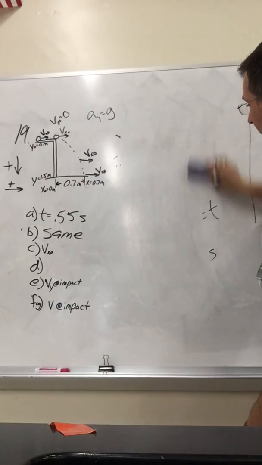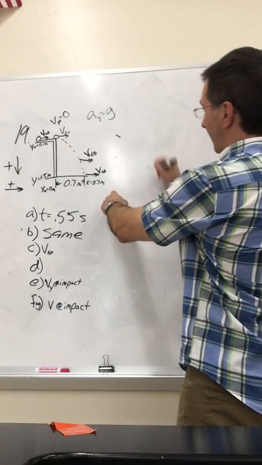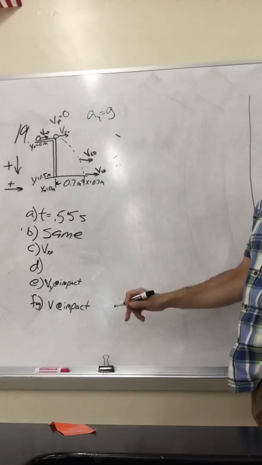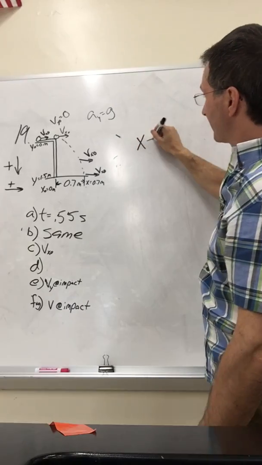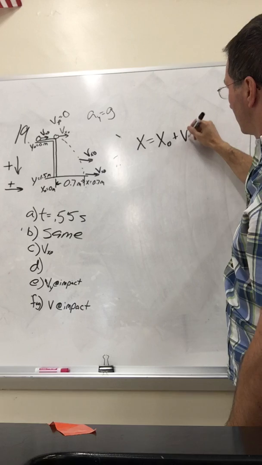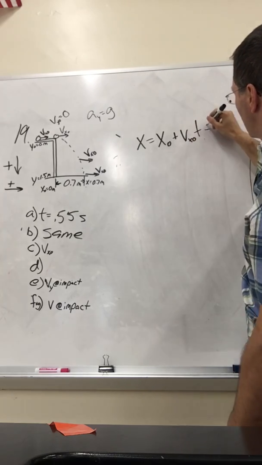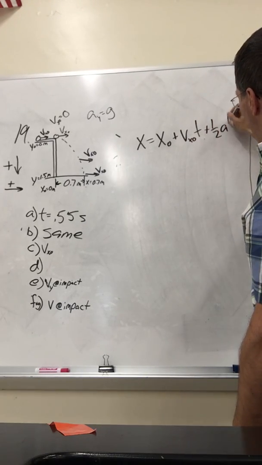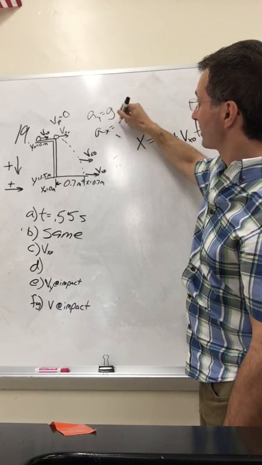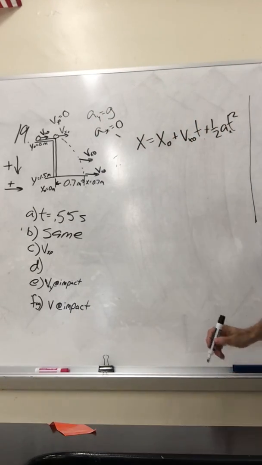Well, I can do that by using the fact that it went 0.7 meters in 0.55 seconds. So I'm going to go back to that second equation again. In the x direction, constant velocity, so there is no acceleration.